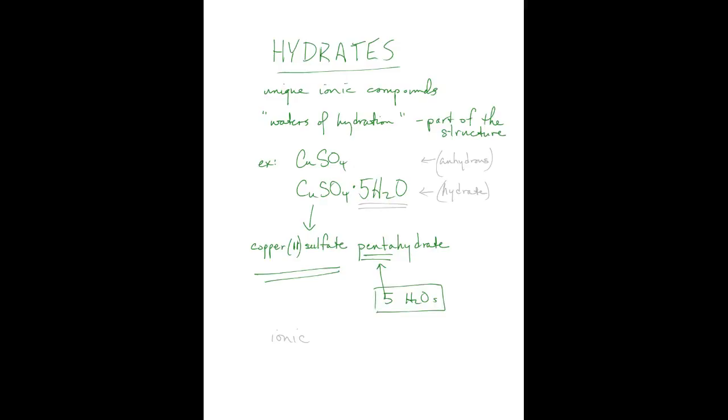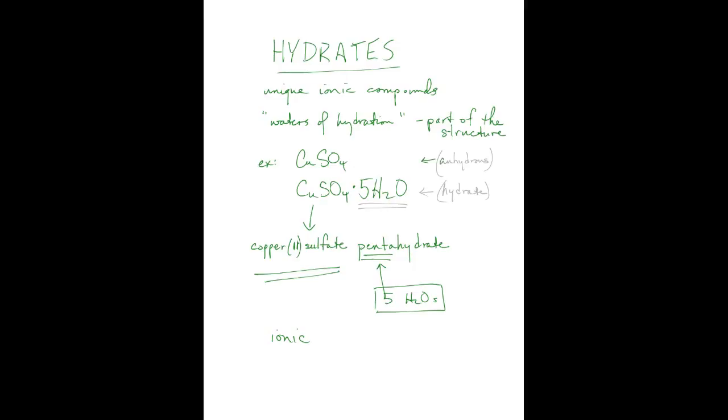Now, this is important. These prefixes are the same as in the covalent compounds, but this isn't a covalent compound, it's an ionic compound, and we don't put the prefixes in with ionic compounds except when we have a hydrate.